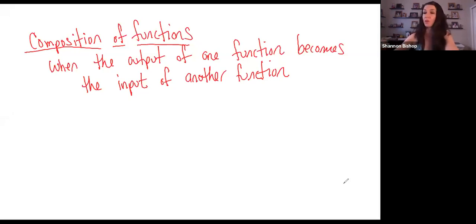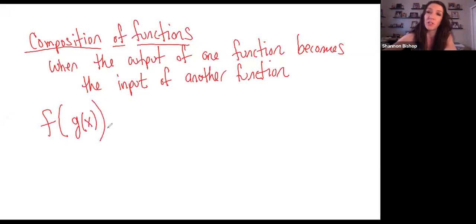As far as notation is concerned, what this is going to look like is f of, and here's where the composition comes in, g of x. Normally function notation just says f of x or f of t.